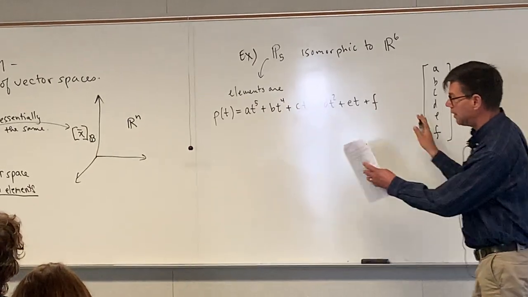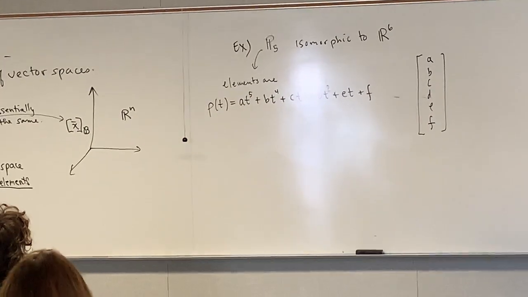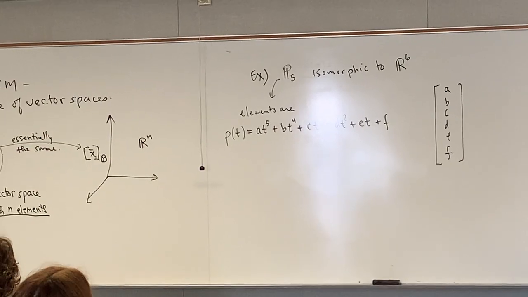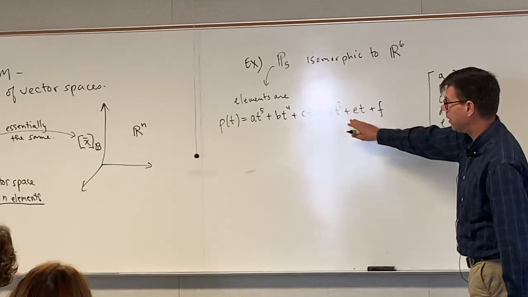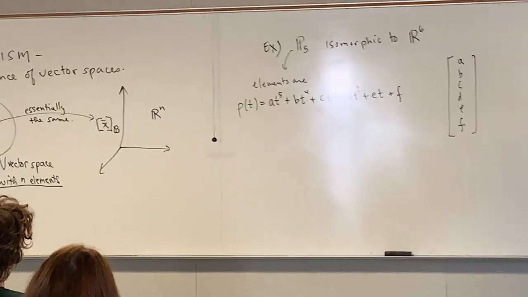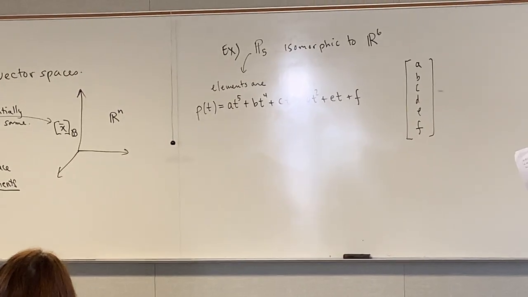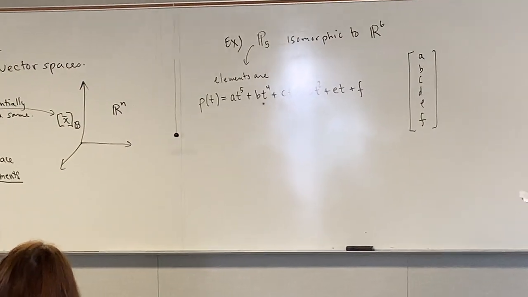So I'm not going to say any more than that. The book kind of hints at it. But if you prefer to work with the polynomials, all those exercises work just as well as far as linear independence and basis and such.